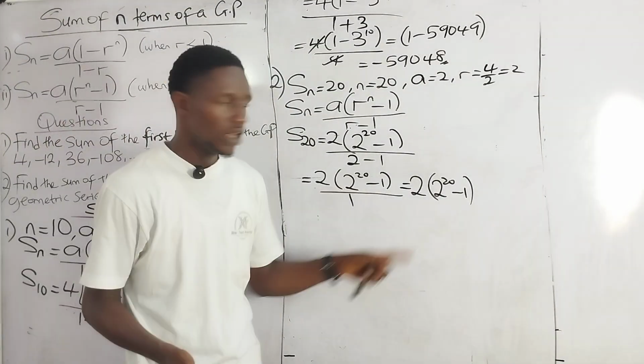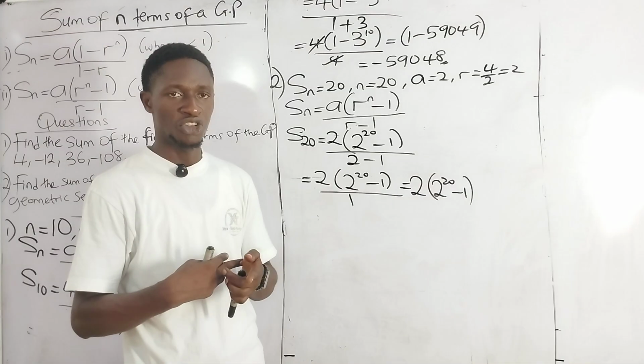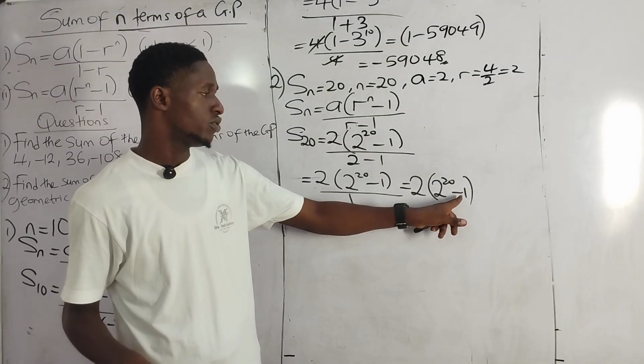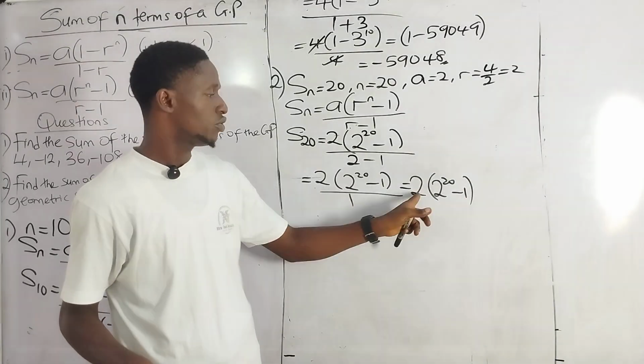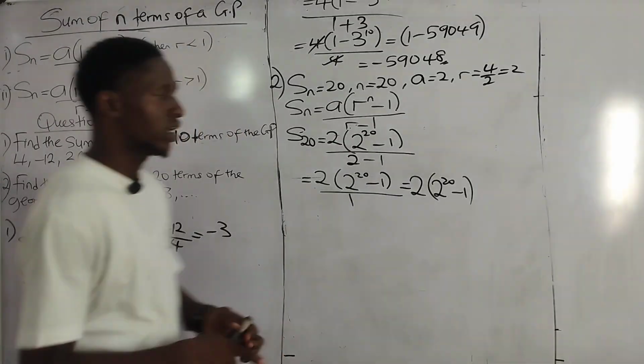How do you do this? First of all, you need to get 2 raised to the power of 20 by pressing your calculator. Whatever value you get, you do minus 1, then you multiply by 2, and that is how to get the final answer.